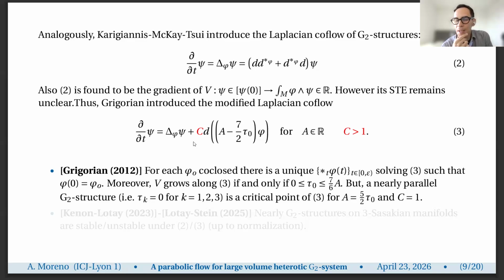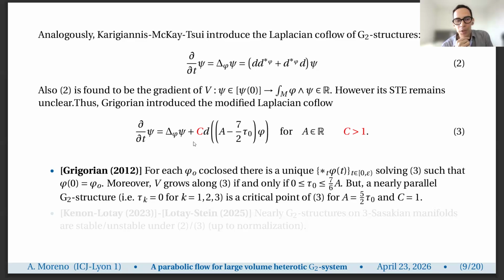But the problem now is that you don't have any description for the critical points of this flow. For instance, as was remarked by Jason Lotay, a nearly parallel G2 structure, which means that you have tau 1, tau 2, and tau 3 equal to 0, is now also a critical point for the modified coflow when you take this particular value of the constant.